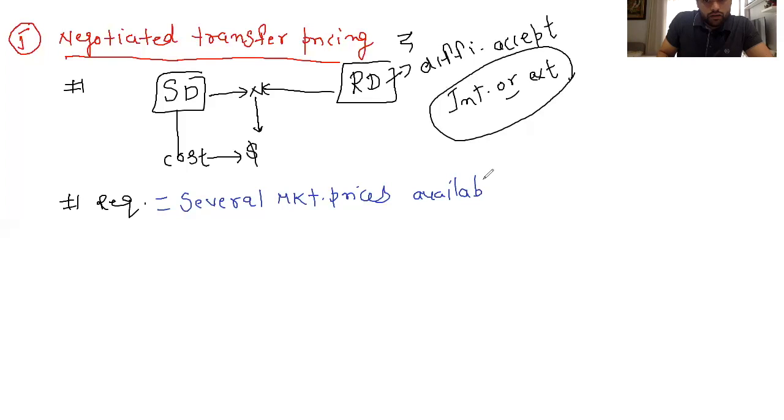If several market prices are available, this is the method that is highly possible to be implemented, because the supplying division knows that if they charge a high price, the receiving division will go out, because lots of prices are available in the markets. So that's why the supplying division is involved in the negotiations, and that price is acceptable to the receiving and of course to the supplying, right?